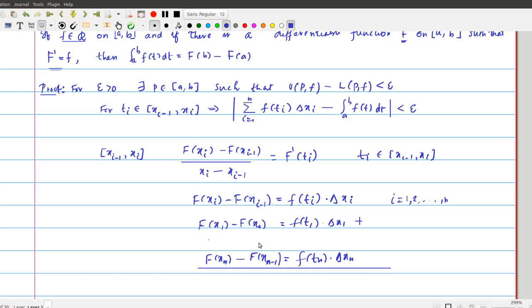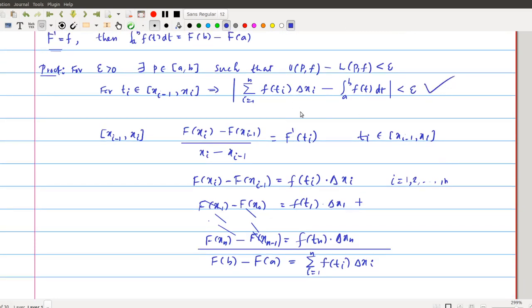When you sum up all these, you can cancel F(x1), F(x2), and all the way up to F(xn minus 1). The remaining is F(xn), which is F(b) minus F(x0), that is F(a). The right side will be the summation from i equal to 1 to n of f(ti) delta xi.